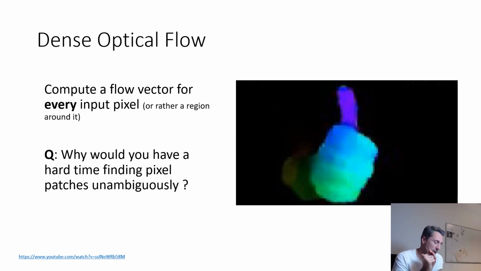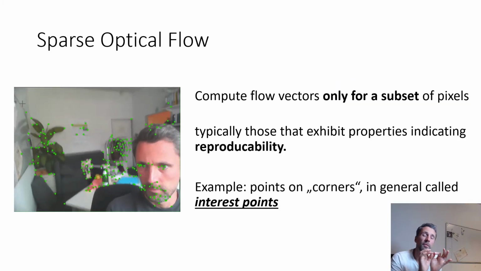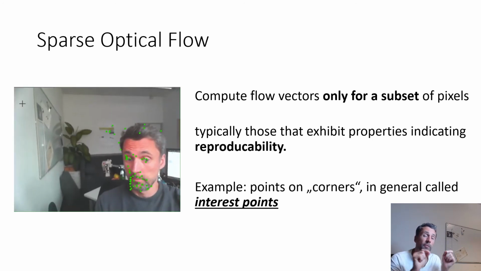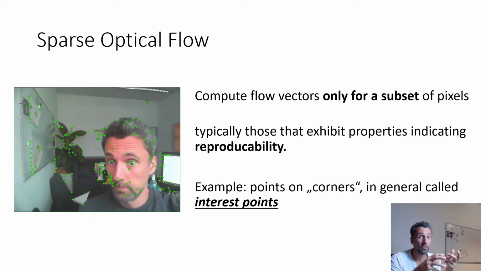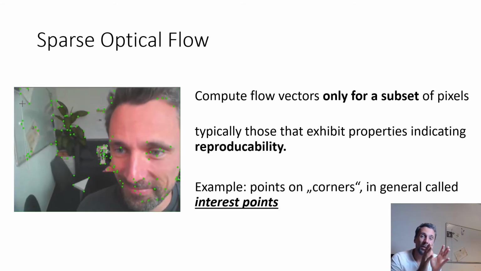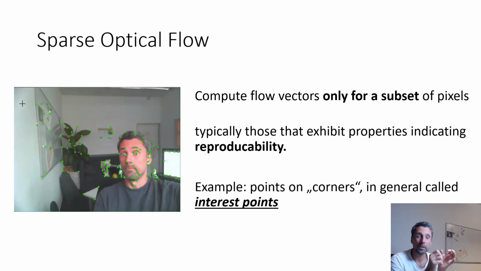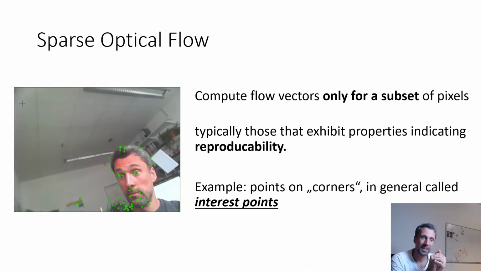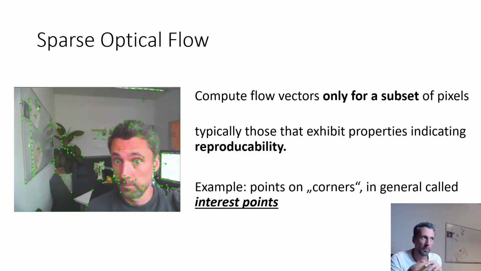Why? That's a question I want to ask you. What do you think would be reasons why we can't find a certain pixel or pixel region in a given frame consecutive to the one that we start with? If finding a displacement vector for every pixel in the image doesn't work, we will only do that for pixels that will work, and that's called sparse optical flow.